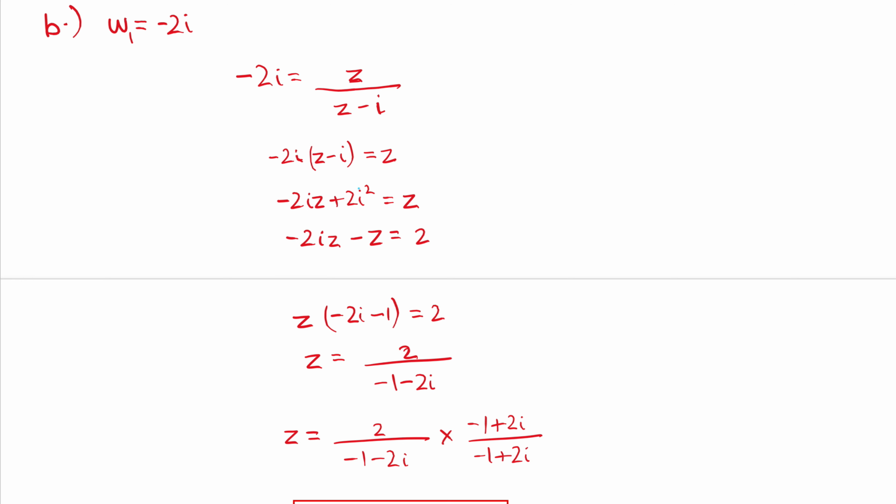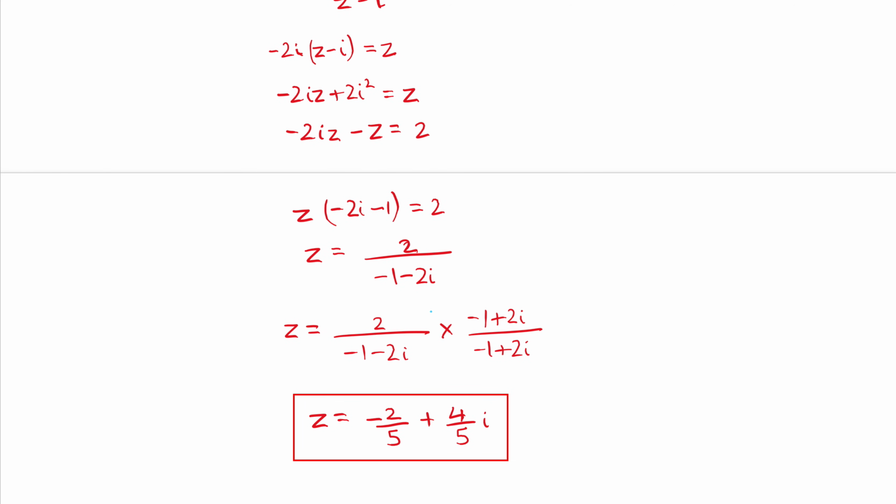From here, i squared is equal to negative 1, so this will become negative 2, and if I move negative 2 to the right hand side, this will give us positive 2, and I have moved this z to the left hand side, so we are left with 2iz minus z is equal to 2. From here I can factorize z from this expression, so this will give us z times (2i minus 1) is equal to 2.